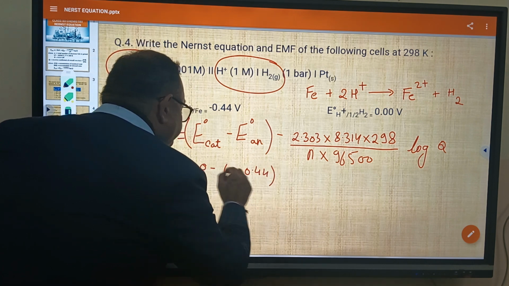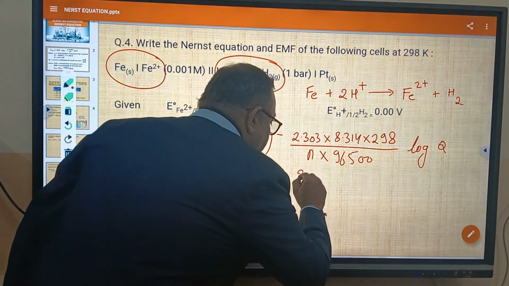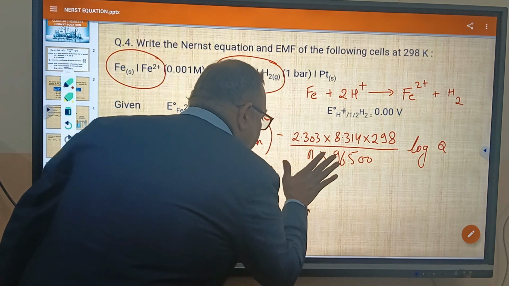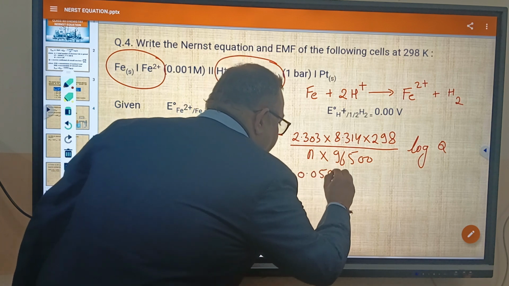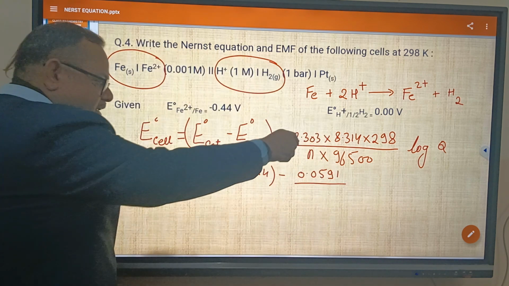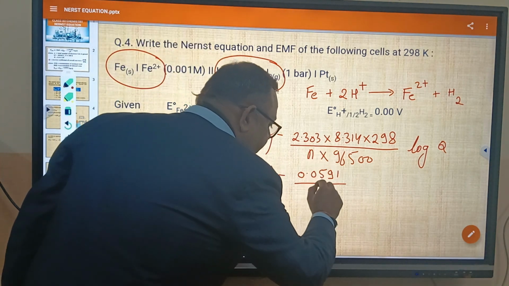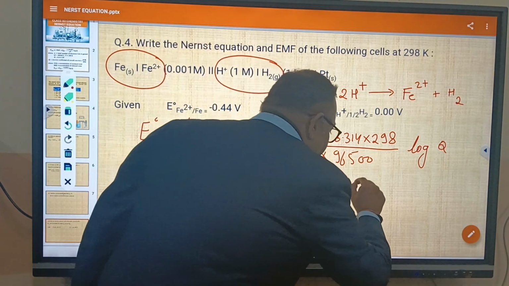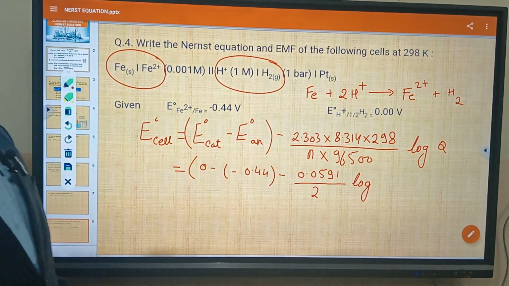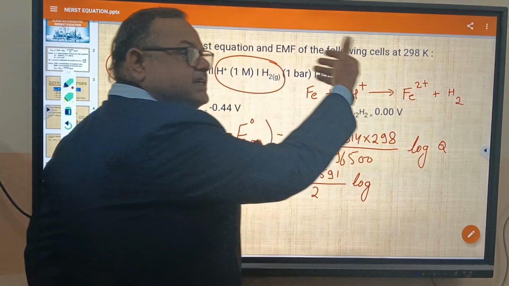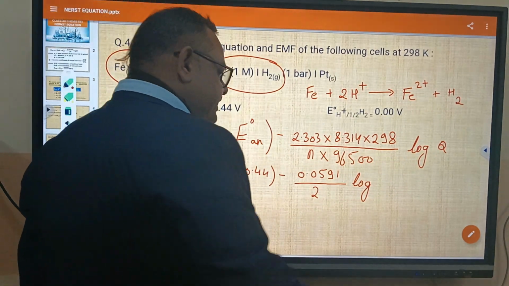0.44 minus 0.0591. Now we have solved this and put the value n as 2 multiplied by log of Q. Now Q is the concentration of the product divided by the concentration of reactant.